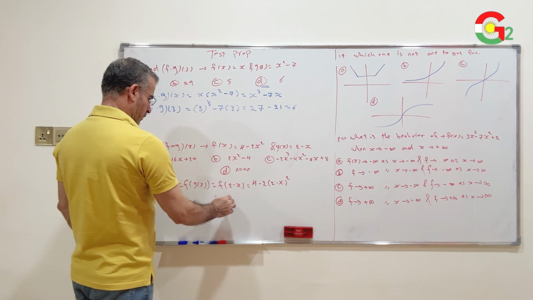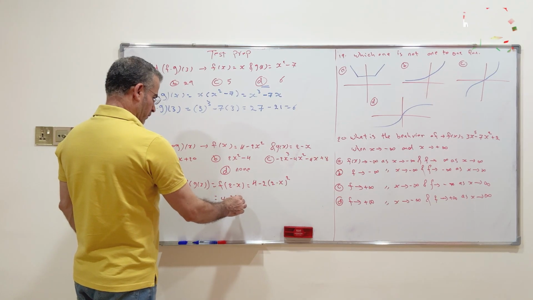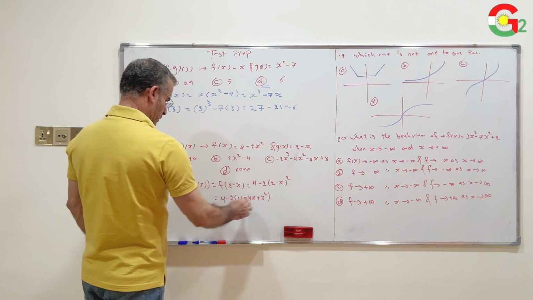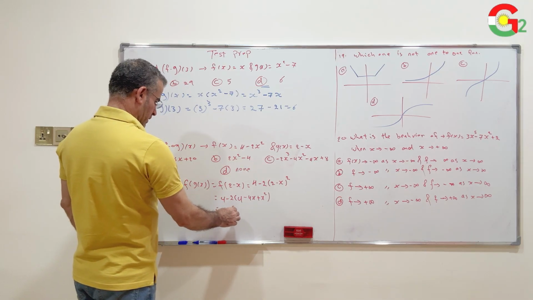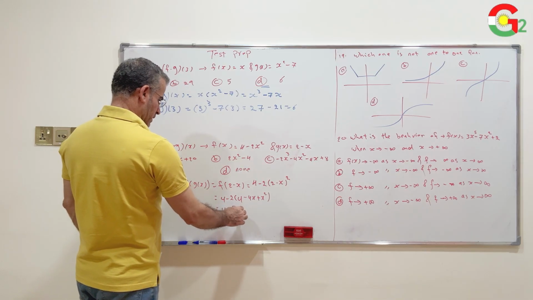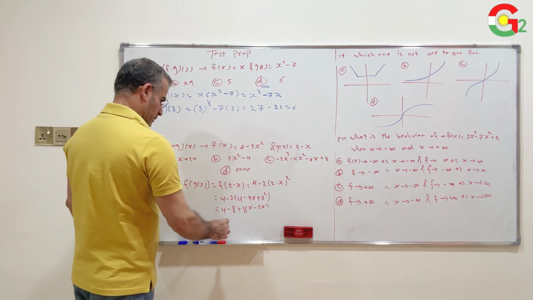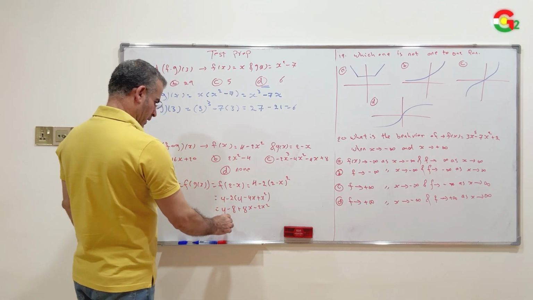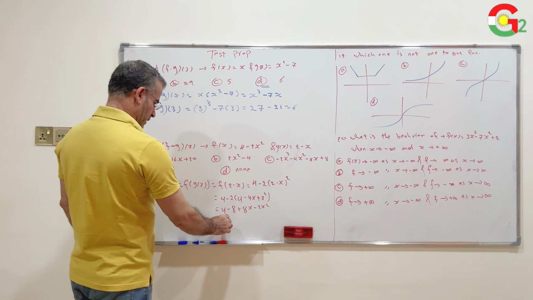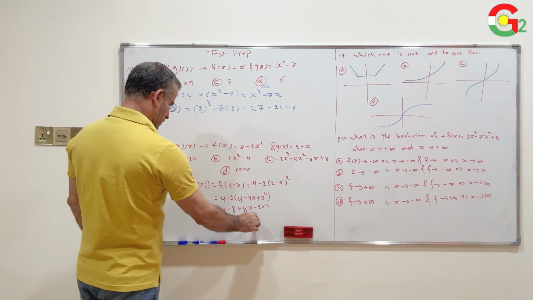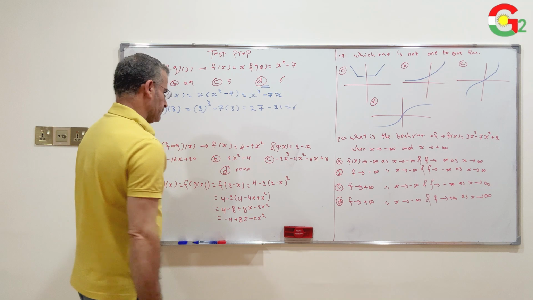Simplify: 4 minus 2 times 4 minus 4x plus x squared, equals 4 minus 8 plus 8x minus 2x squared. Simplify: 4 minus 8 is minus 4, plus 8x minus 2x squared.